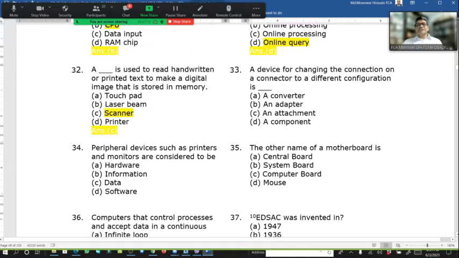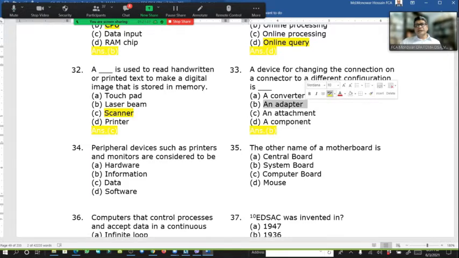So number 33, a device for changing the connection of a connector to a different configuration is what? A converter, an adapter, an attachment, a component. Answer B, an adapter.